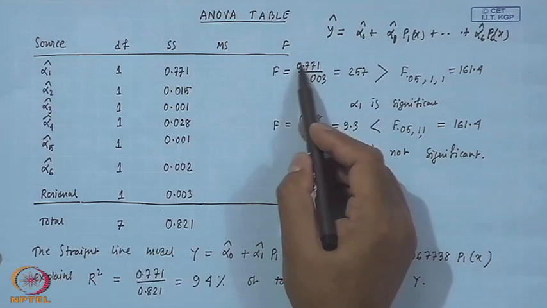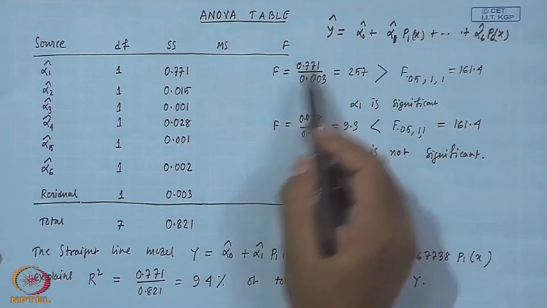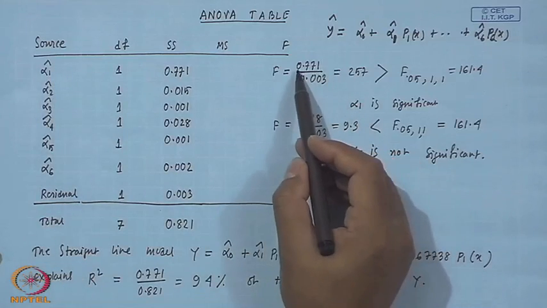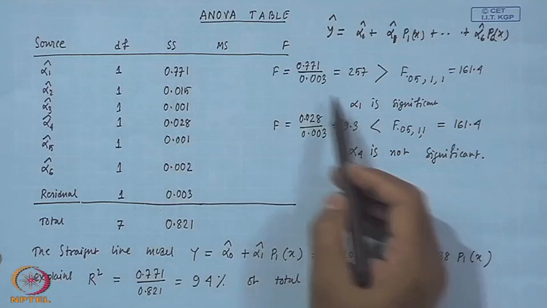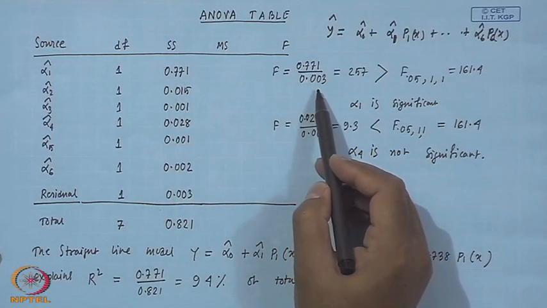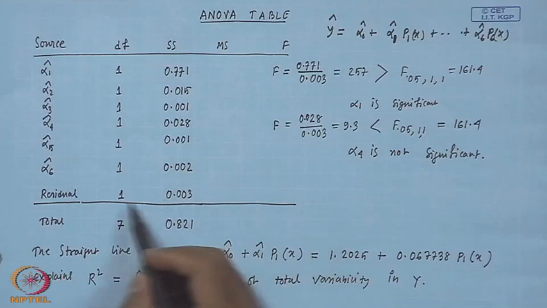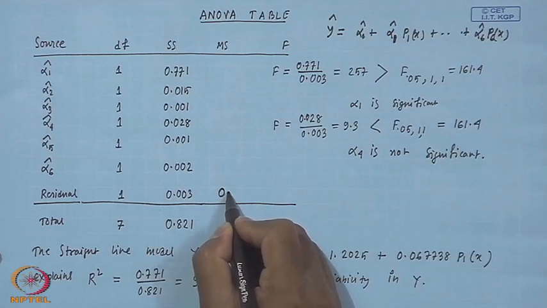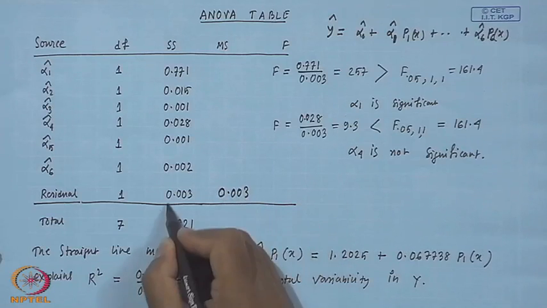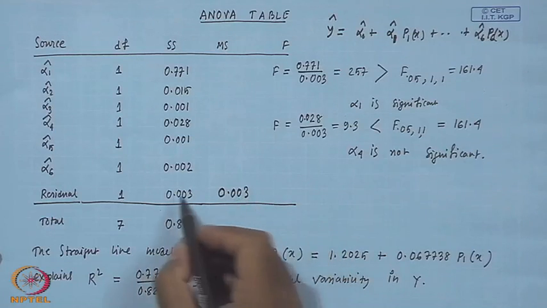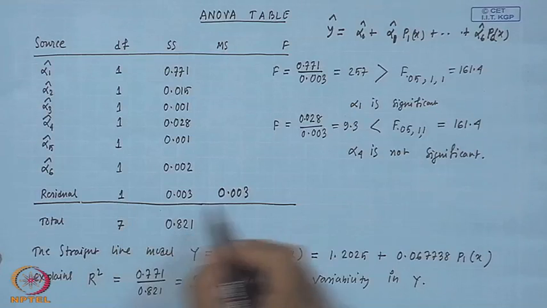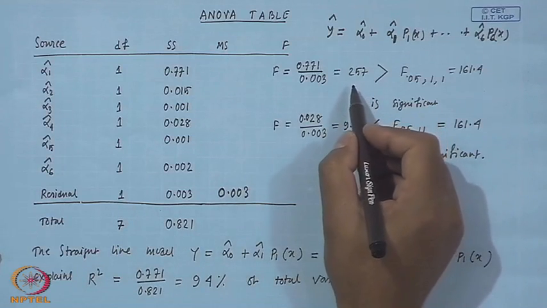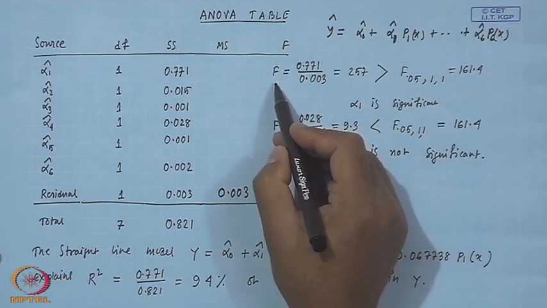This is nothing but the SS regression due to alpha 1 hat, that is 0.771, divided by MS residual. SS residual is the same as MS residual, because the degree of freedom is 1. So, MS residual is also 0.003, because MS residual is equal to SS residual by the degree of freedom. This follows the F distribution.